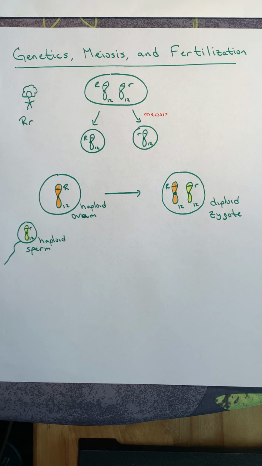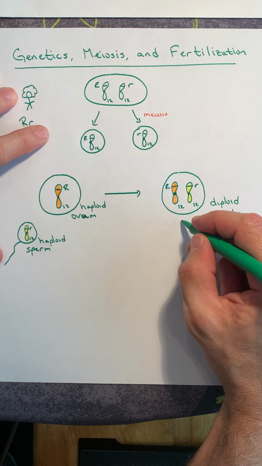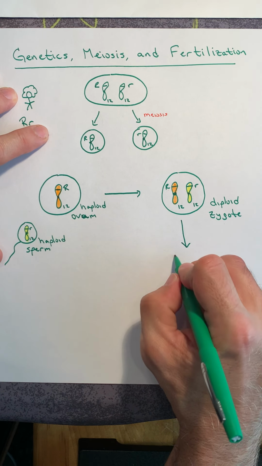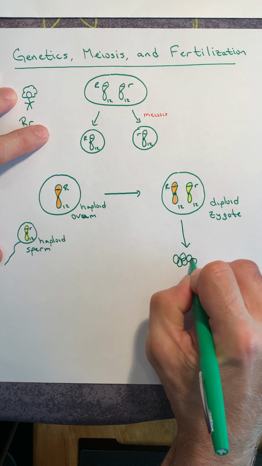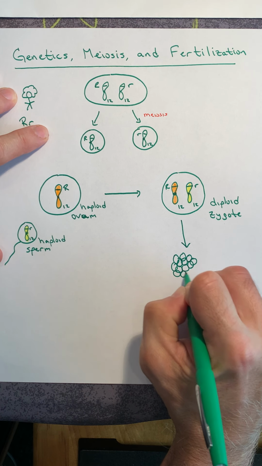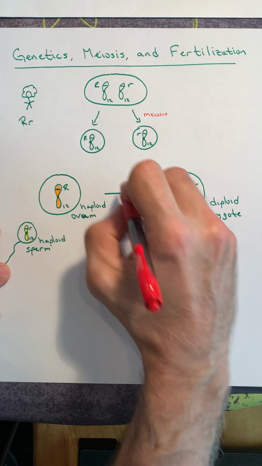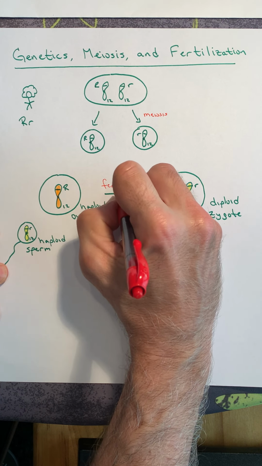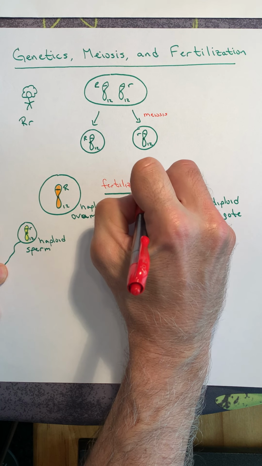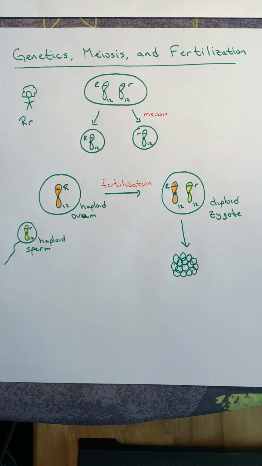Like such, okay? This single cell then goes through mitosis and becomes a cluster of cells called a blastula. We'll talk about this in IB. So this step here is fertilization.